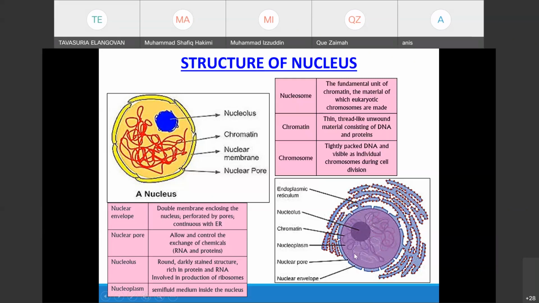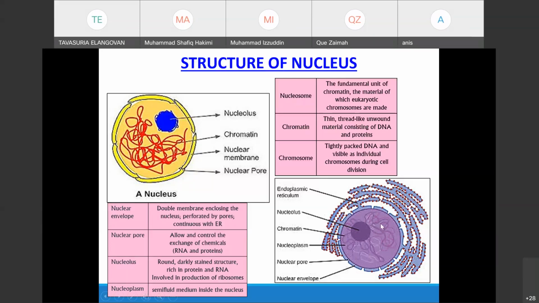Okay, the nucleoplasm is the fluid inside the nucleus, and the tree-like structure is embedded inside the nucleoplasm. What is that? Anyone give a try? DNA. Anybody? Any other answers? Okay.